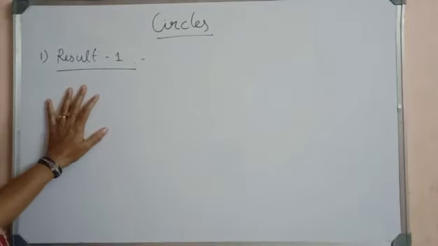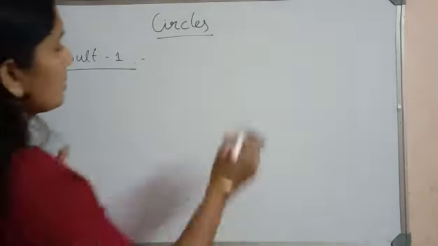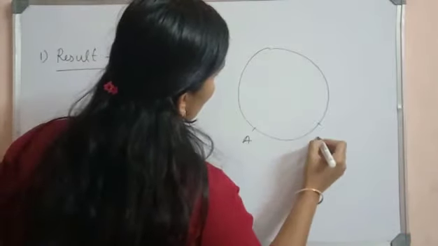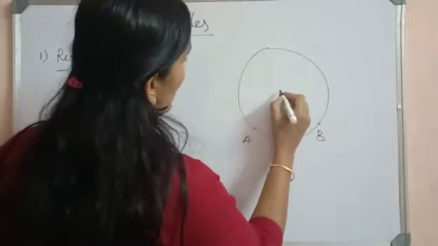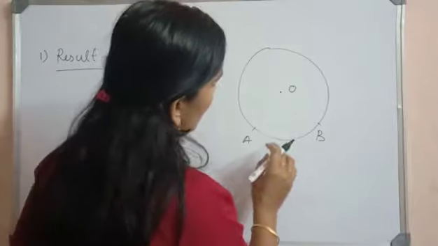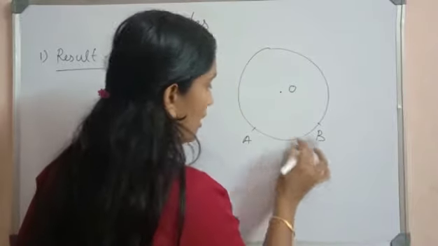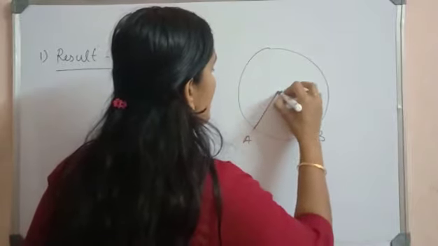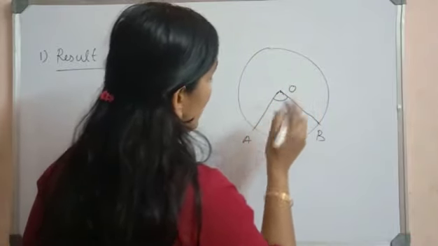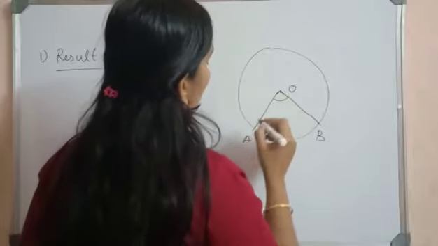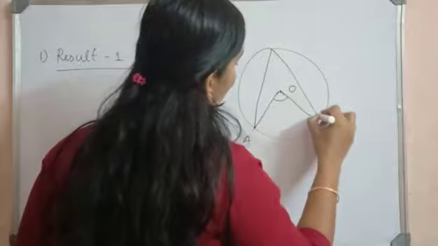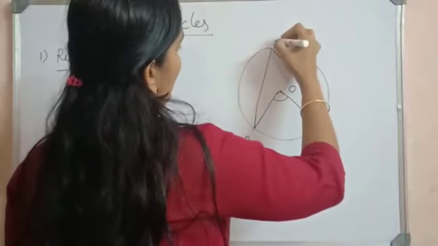Now let's see the first result. The first result says that the angle an arc of a circle subtends at the center, here O is the center of the circle, is double that which it subtends at any point on the circumference of the circle.